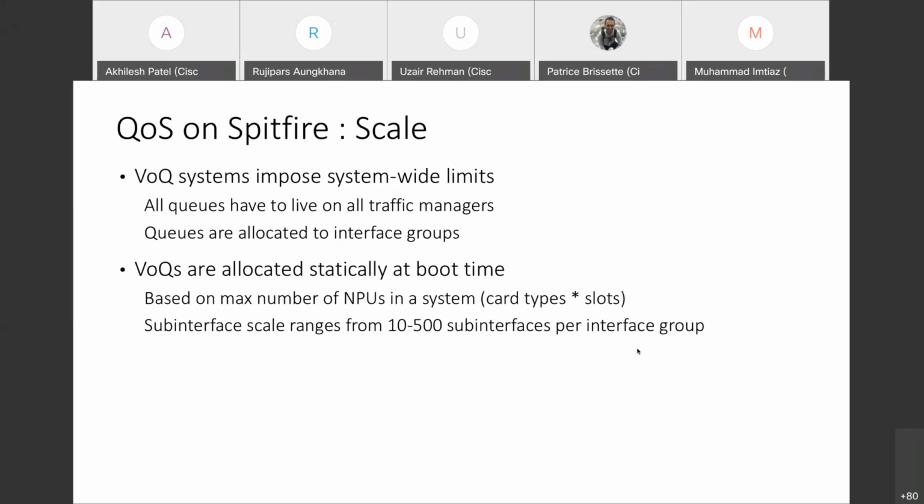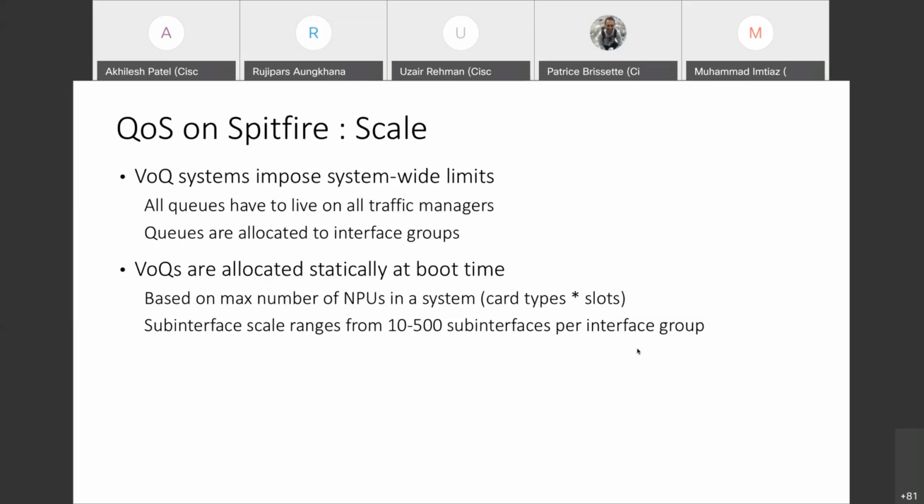And these VOQs are allocated statically at boot time, which means we cannot have more than 8 VOQs; we cannot configure such, they are statically generated at boot time. The maximum number of NPUs in the system dictates the total number of VOQs at a particular time.